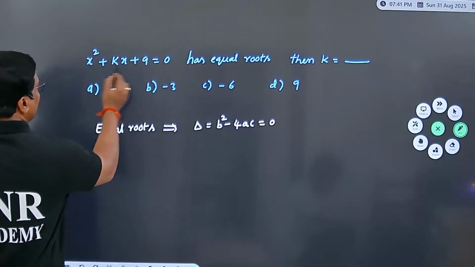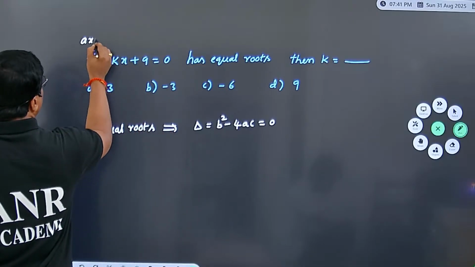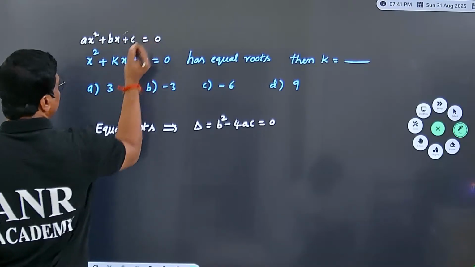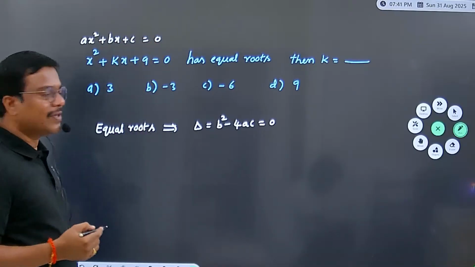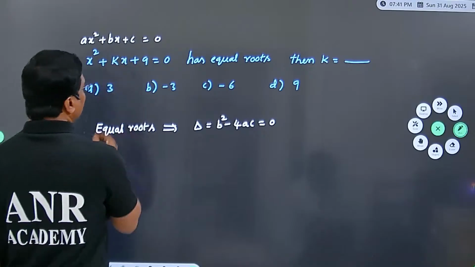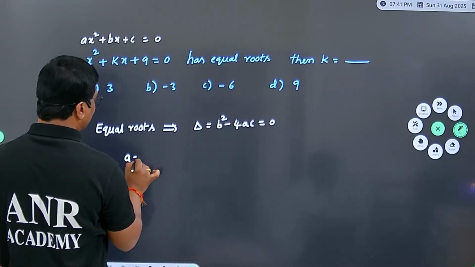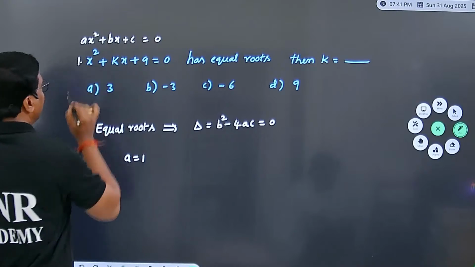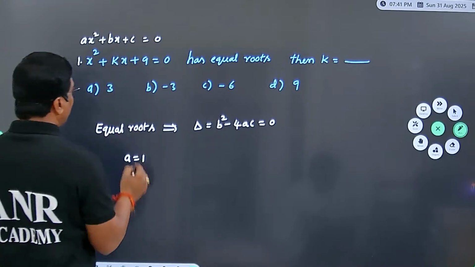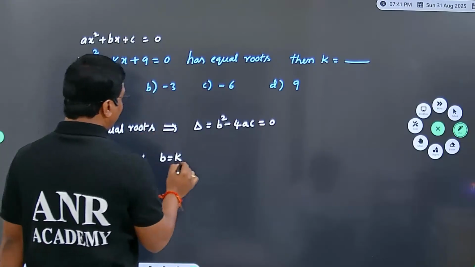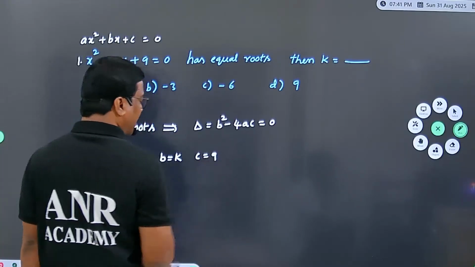Comparing the equation with x square plus bx plus c equal to 0, then we get the values of a, b, c. Here, the value of a, clearly coefficient of x square, is 1. Next, b coefficient of x, that is k. Next, the value of c, which is 9.